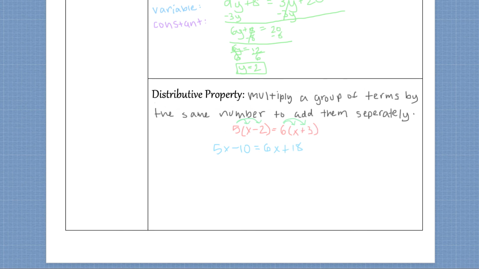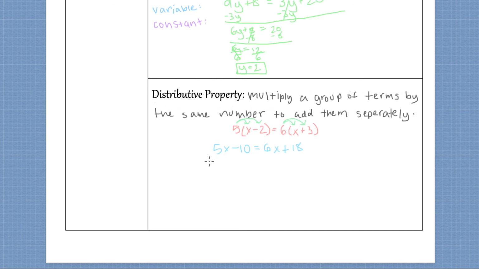And so remember, the first thing we want to do here is isolate the variable on one side. First, we're going to use inverse operations and move this 5x over to the right side where the 6x is.